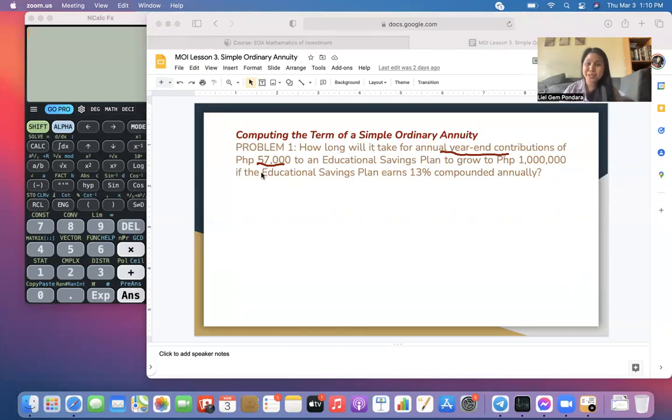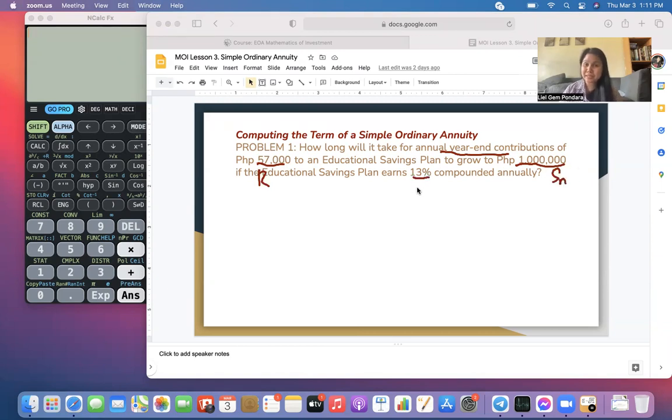It is the periodic payment, the regular payment, so we name it R. And we want it to grow to 1 million. What is that 1 million? Future value. Very good. So it's our S sub n.